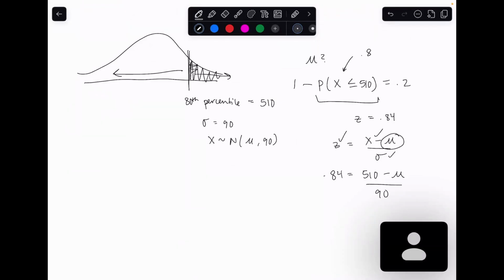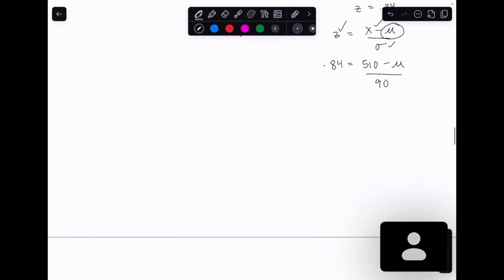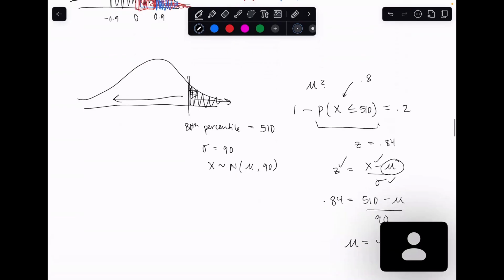Multiply 0.84 by 90, 0.84 times 90. That means we get mu is equal to 434.4 is what I got. So that's an example of how you can get a word problem that requires you to think of the distribution, standardize it, and use that table. Without that table, you're not going to be able to solve this. So that's practice exam question 3.